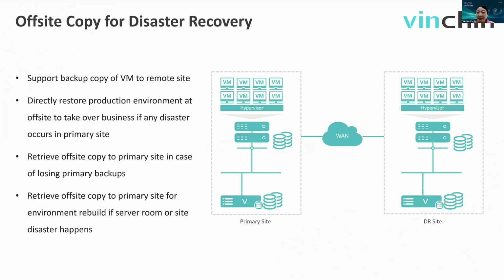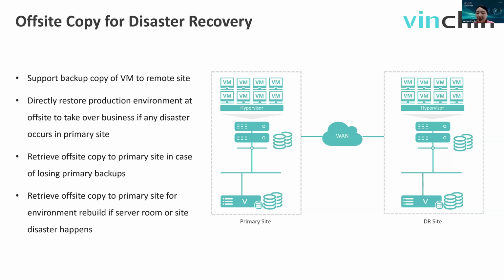In this way, it can protect your data center from server room level or any site level disasters like huge human operation errors or devastating natural disasters like earthquakes and so on.